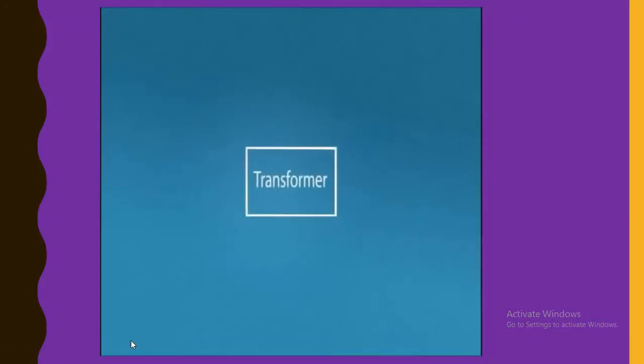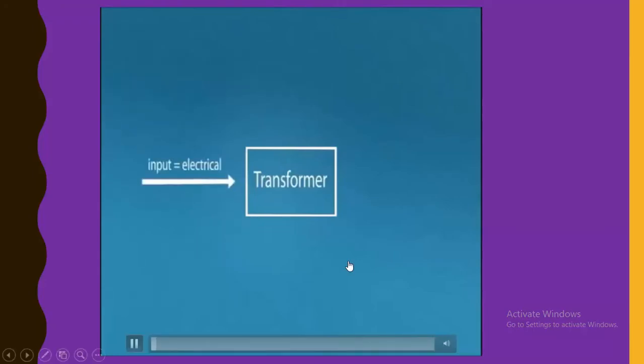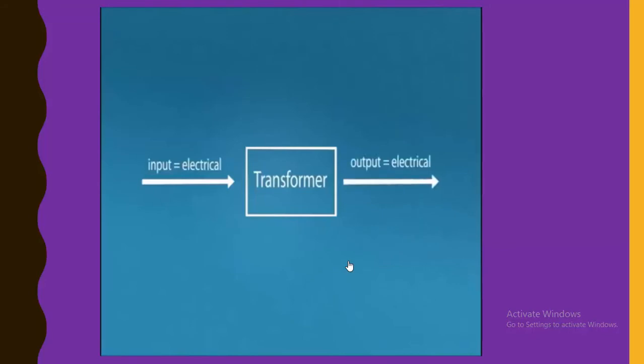A transformer is an electromagnetic static device in which the input is in the form of electrical energy and the output is also in electrical form. Also, the input and output are both alternating. Primarily, transformers are used to change the level of voltage and current.